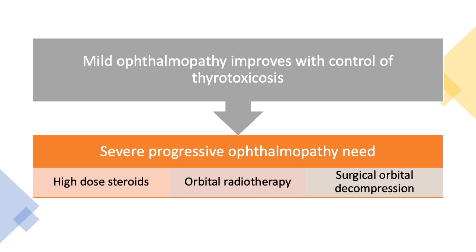One of the common questions regarding the ophthalmopathy is whether this is reversible with treatment of thyrotoxicosis. Mild ophthalmopathy improves with treatment of thyrotoxicosis, but severe ophthalmopathy does not. So, severe progressive ophthalmopathy needs high-dose steroids, orbital radiotherapy, or sometimes surgical orbital decompression.